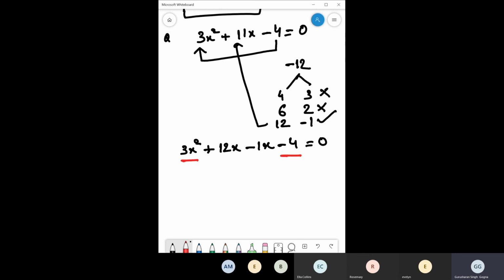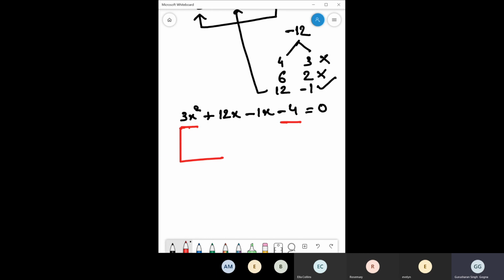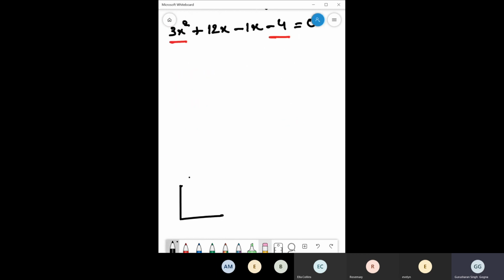Okay, so you have 4 terms now, and from the first 2 terms, what is common? 3x is common, x plus 4 is left, and from the second group you have minus 1 common, you are left with x plus 4 equal to 0.